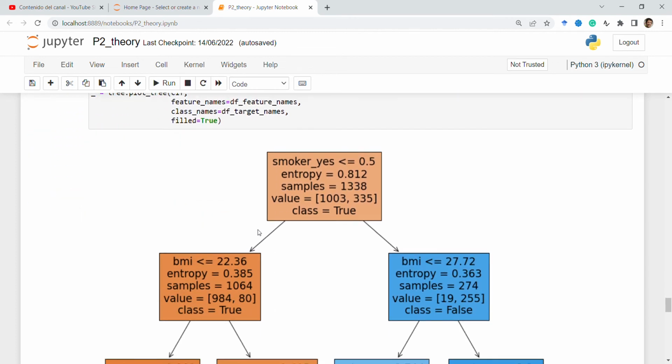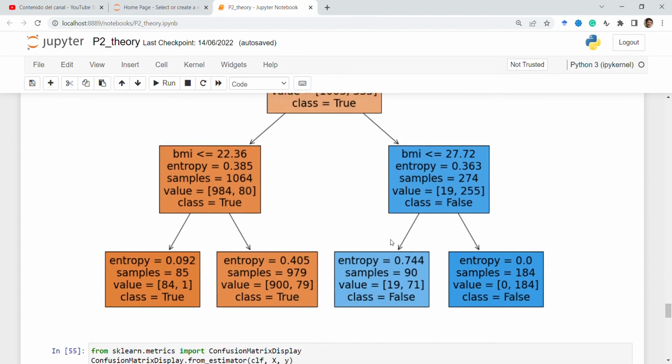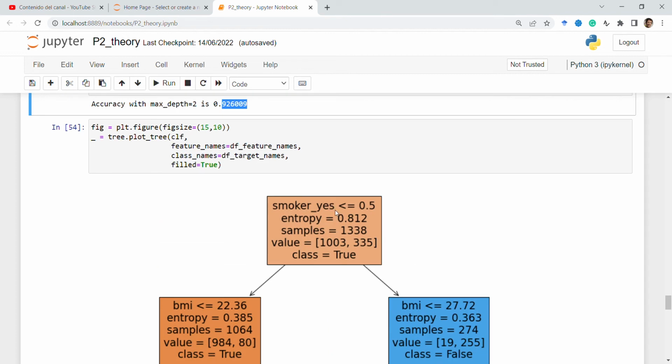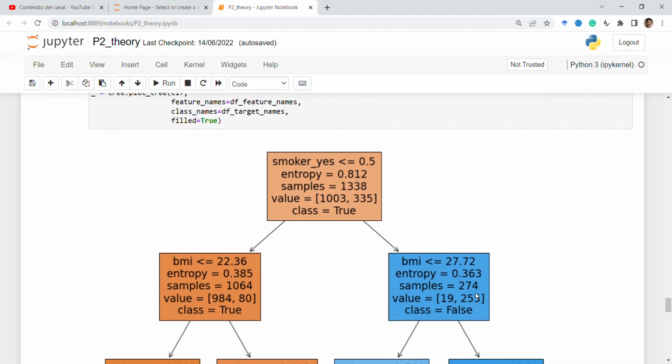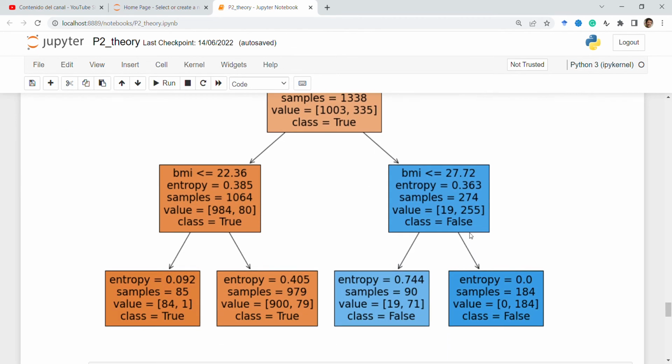So what are the two most important questions? So the first important question is whether you smoke or not. So if you don't smoke, then you go this way, and you see that all of them are false. So meaning you don't belong to the upper quarter.